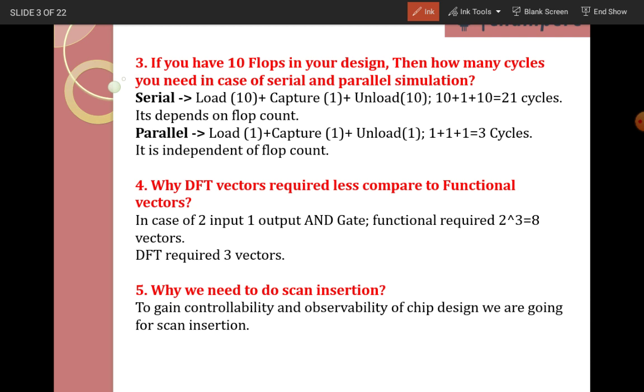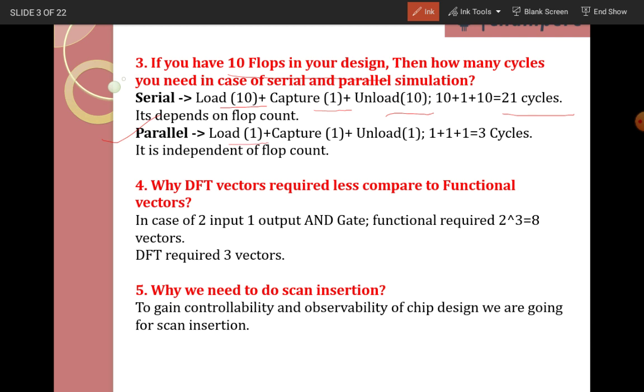For 10 flops, loading needs 10 clock pulses, capturing needs 1, as we already saw in the previous question, and unloading data needs 10 clock pulses. Total 21 cycles are required for serial simulation. For parallel simulation, loading needs only 1 clock pulse.